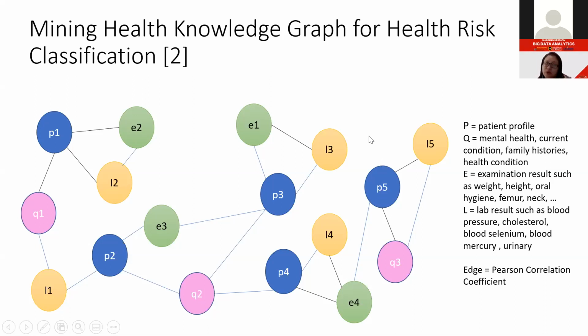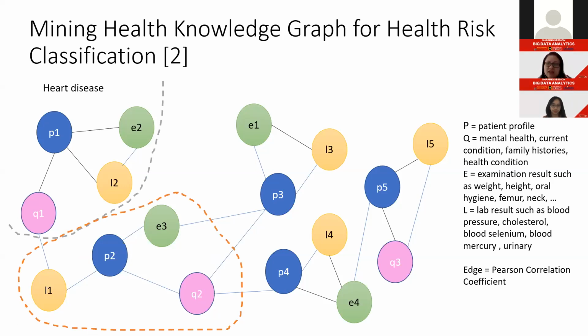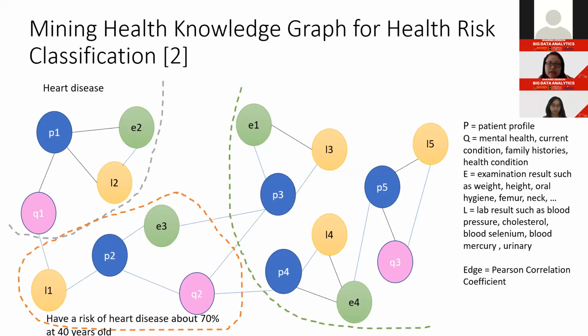By doing graph mining, we can find groups of people who, for example, maybe this is the group of heart disease, and then the second group have a risk of heart disease about 70% at 40 years old, and then the last group have a kidney problem at 20 years old.